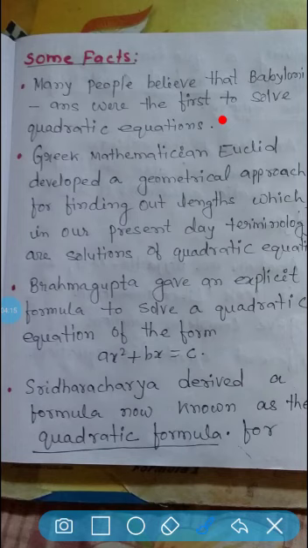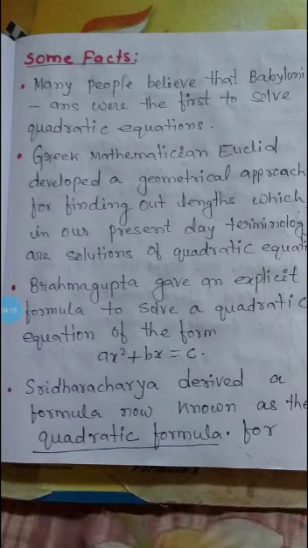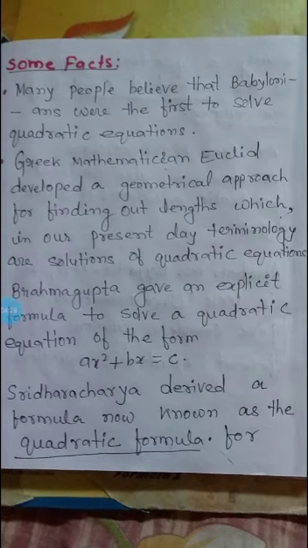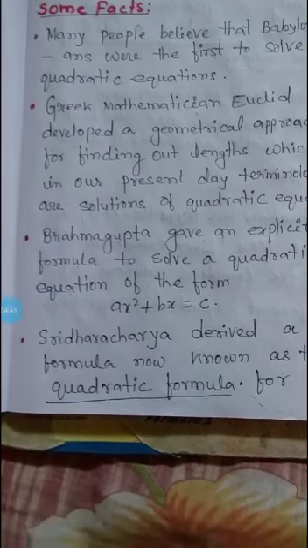After that, a Greek mathematician, Euclid, whom we heard about in class 9, developed a geometrical approach for finding lengths, which in present day terminology are the solutions of quadratic equations.